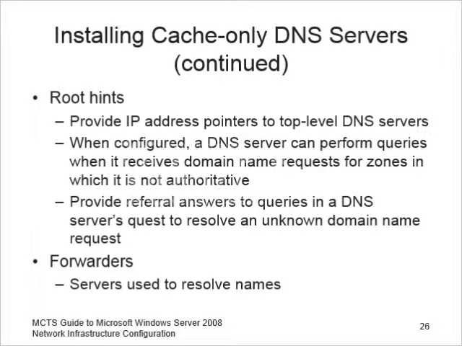When you use the Windows Server 2008 graphical interface to configure a DNS server, it sends an NS query for the root domain, that is, the period that we were talking about, to the preferred or alternate DNS server for the server. The query response is placed into the root hints of the DNS server.